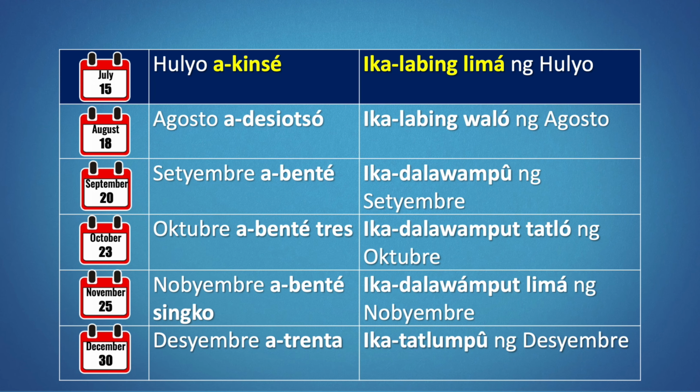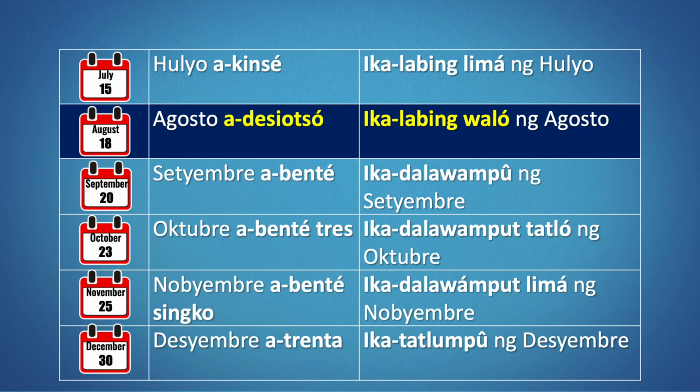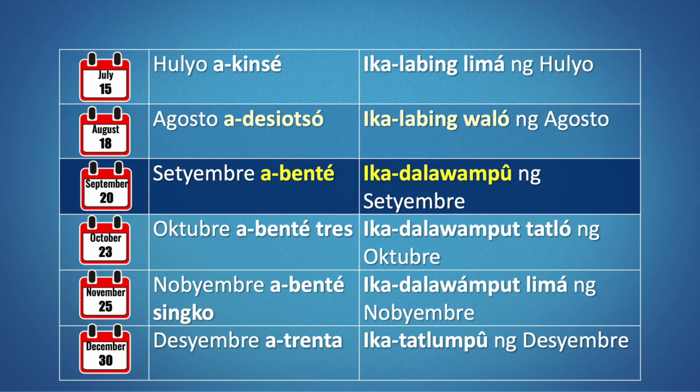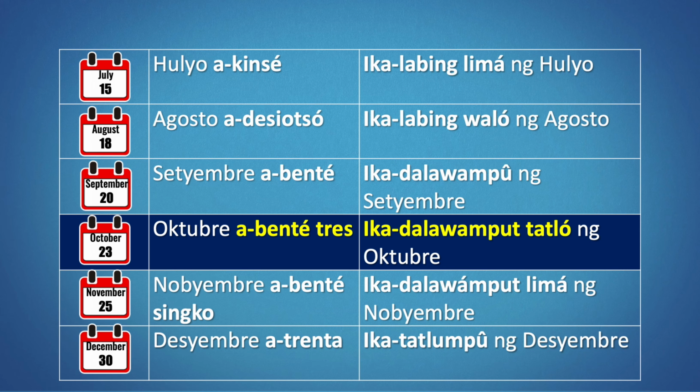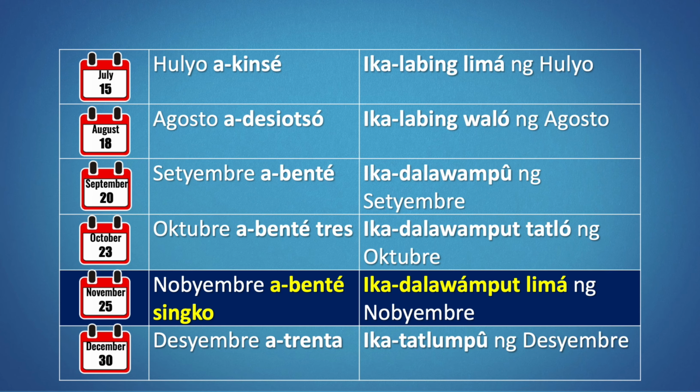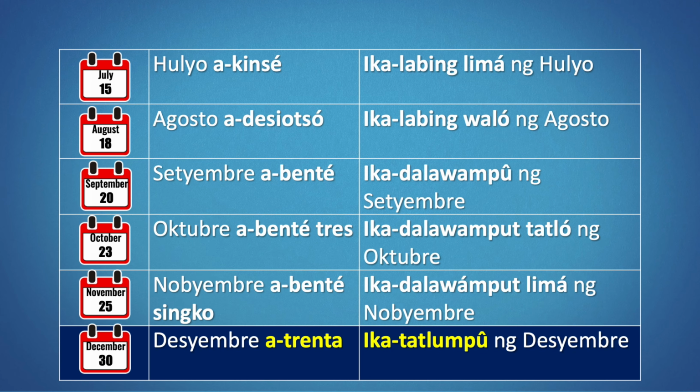Hulyo a kinse, ikalabing-lima ng Hulyo. Agosto a disiotso, ikalabing-walo ng Agosto. Setyembre a bente, ikadalawampu ng Setyembre. Oktubre a bente tres, ikadalawamputatlo ng Oktubre. Nobyembre a bente singko, ikadalawamput-lima ng Nobyembre. Disyembre a trenta, ikatatlumpu ng Disyembre.